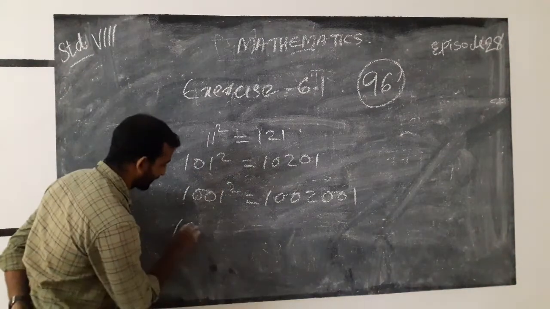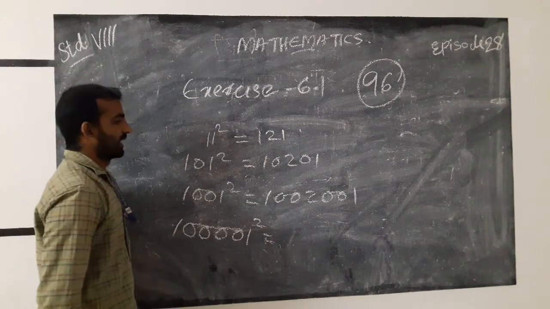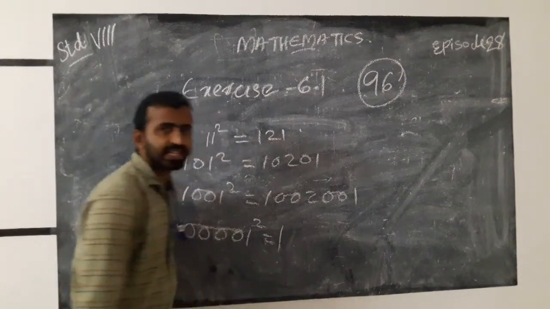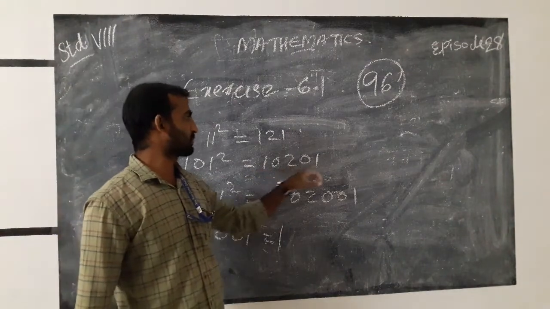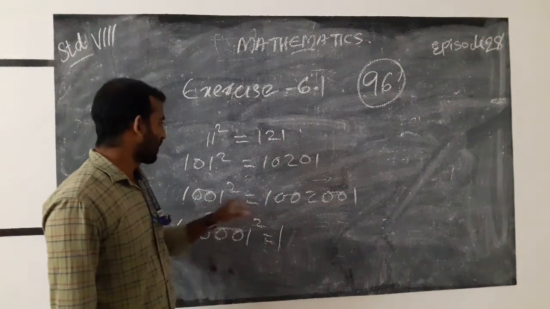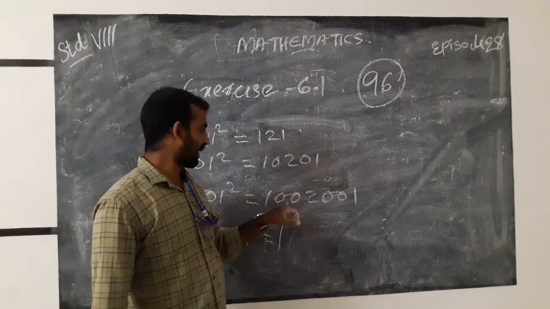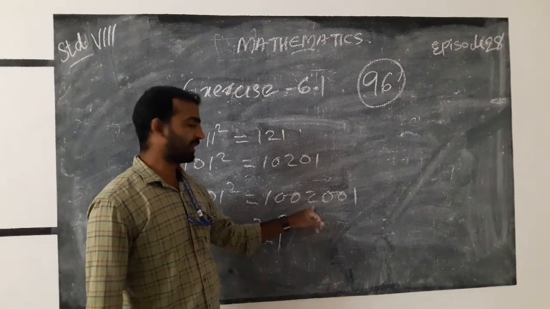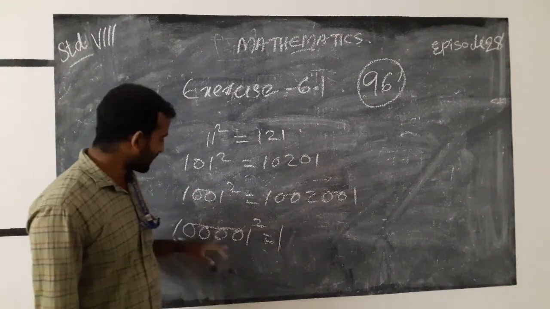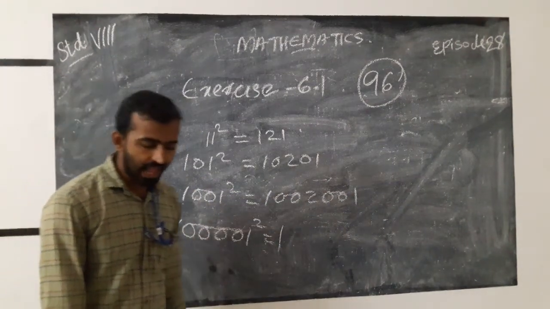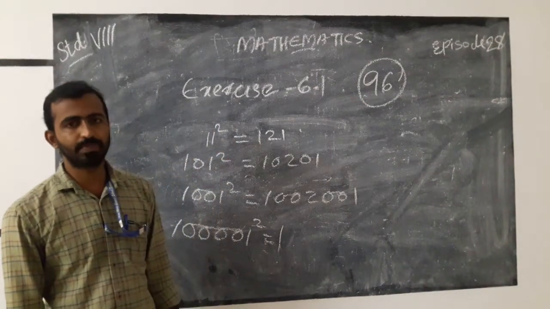And the next one has 4 zeros. What is the answer here? We can find it. Here, in 10201, there is 1, then 2, then 1. The number of zeros is 2 and the digit is 2. Here also 201, and here there are 4 zeros. Then what is the solution?